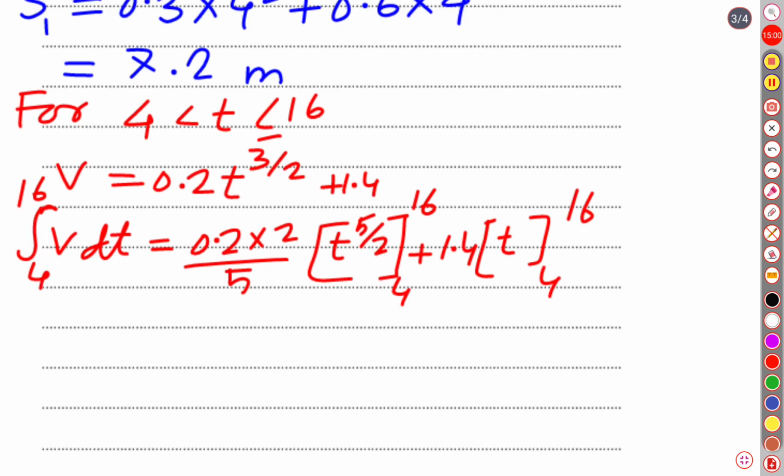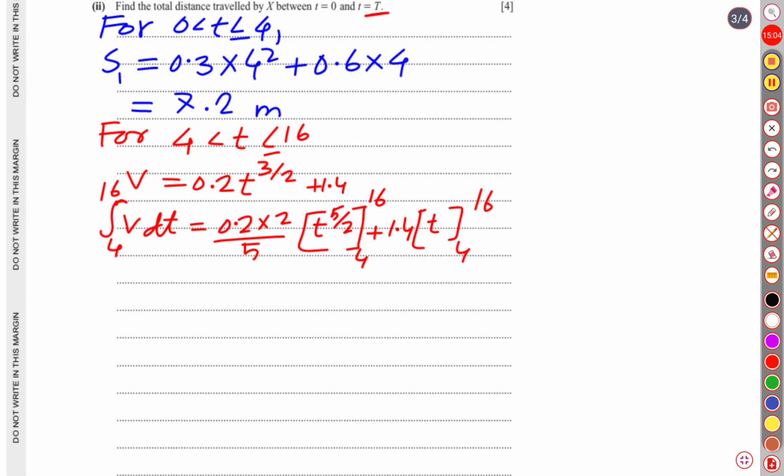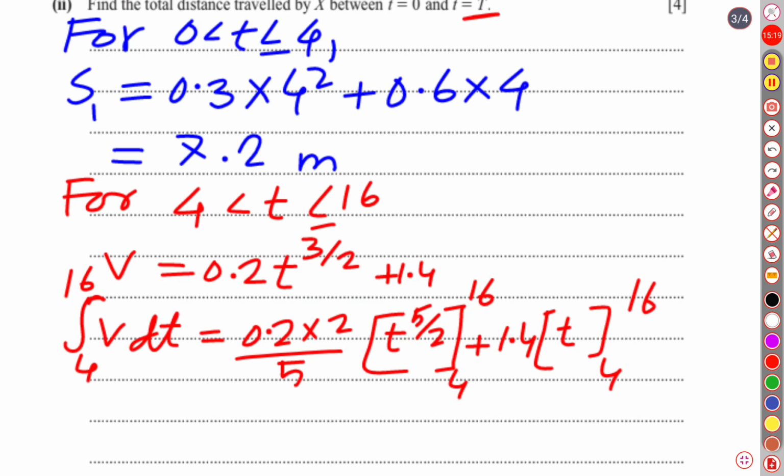And please don't get confused with this. In the previous case we added a constant. Why am I not adding a constant here? Let me explain, it is actually very simple to understand. We are finding the displacement starting from 4 until 16.